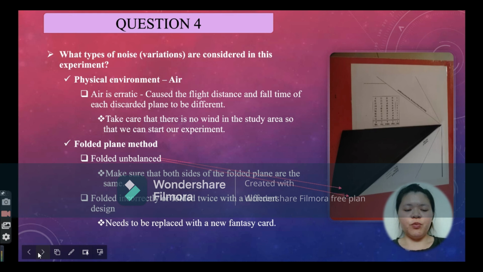In fact, we need to make sure both sides of the wing of the plane are the same. Similarly, if there is an airplane whose wing is incorrect or has a different design, it needs to be replaced with a new one, because a plane with an incorrect wing will interfere while flying.